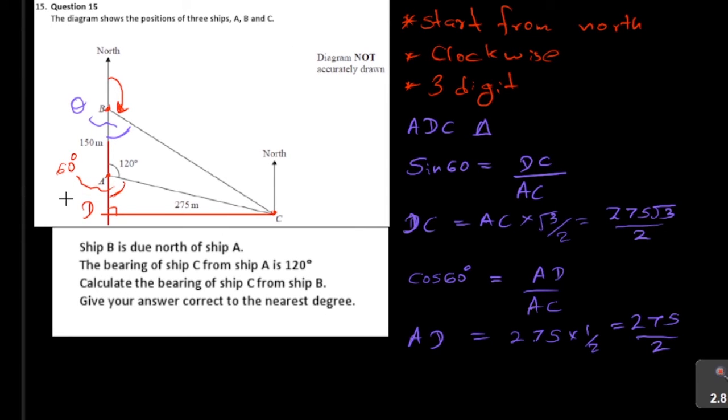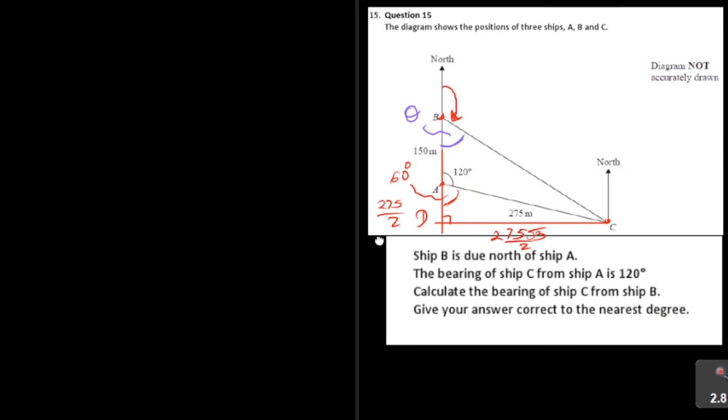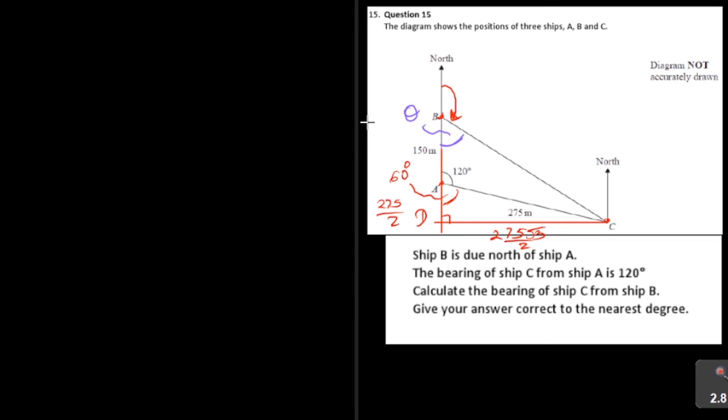This AD length is 275 divided by 2, and here I got 275 times square root 3 over 2. Some of you have written these ratios for triangle ABC. You can't write opposite side over adjacent side unless it is a right angle triangle. Keep in mind those should be right angle triangles.